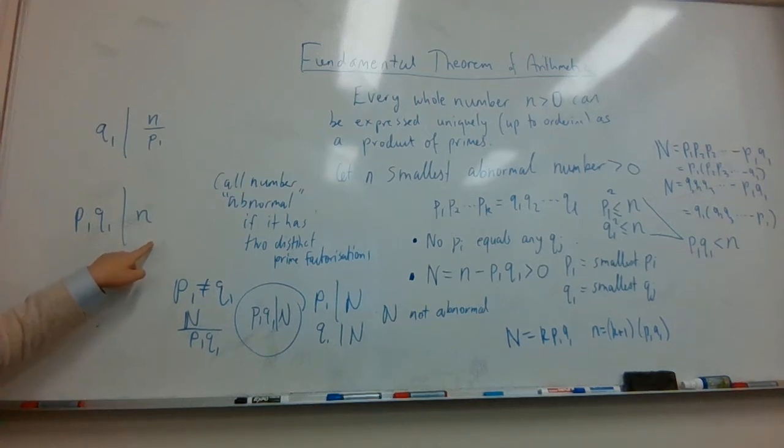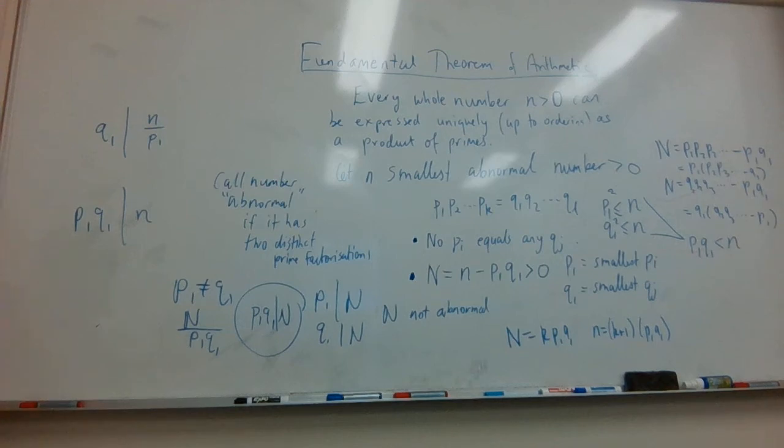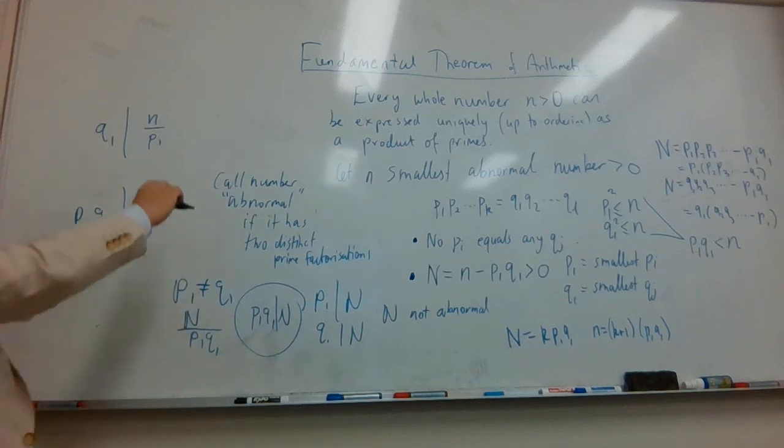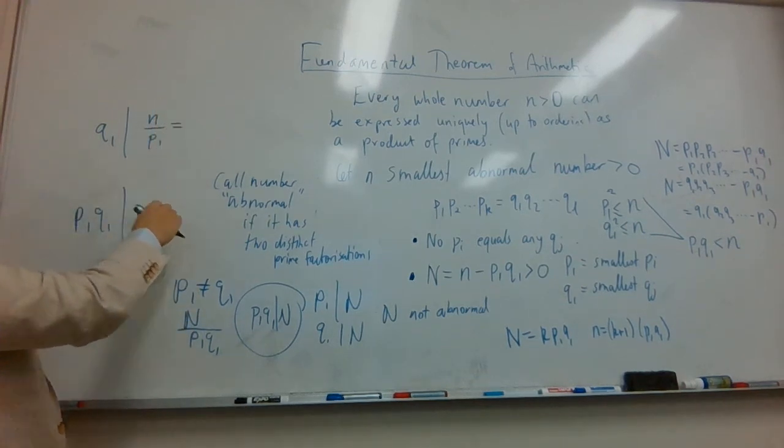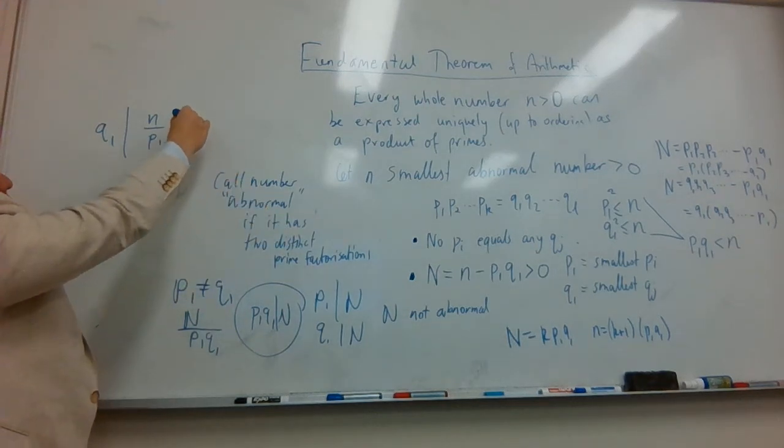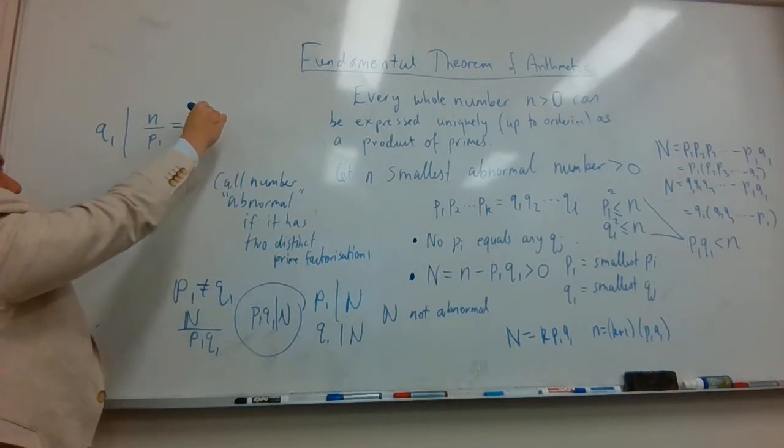So if you cancel out the P1, then Q1 divides n over P1. But what is n over P1? It's n with P1 removed, which is P2 and so on. Q1 must be in there.